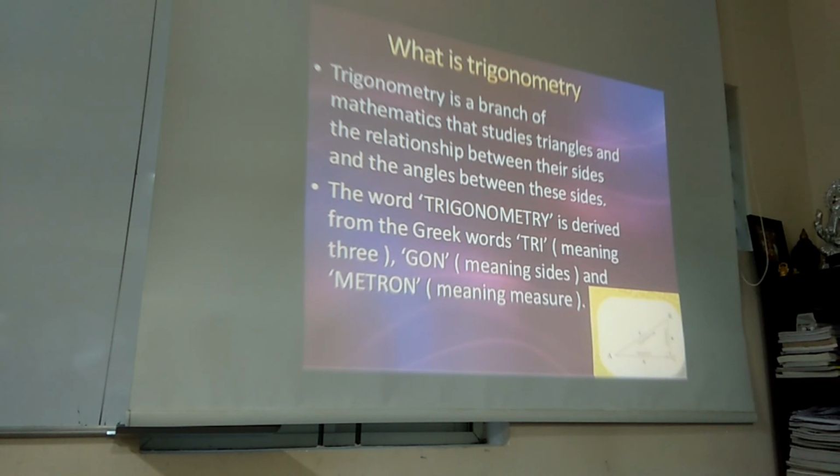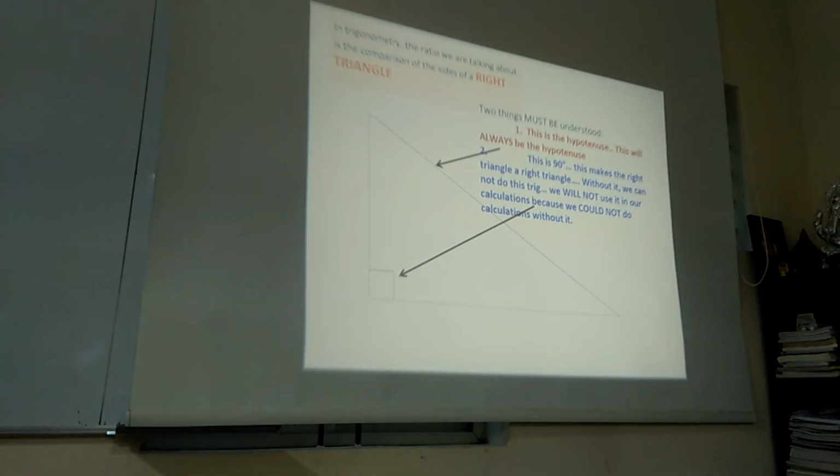Now, we restrict our studies here to the right angle triangle associated with the first quadrant, 0 to 90 degrees alone. When you go to a higher level, like your first PU, only in your first PU you study trigonometry further, I tell you this.